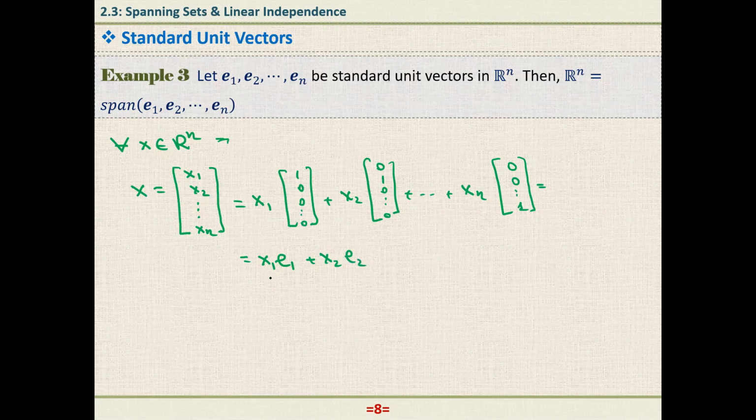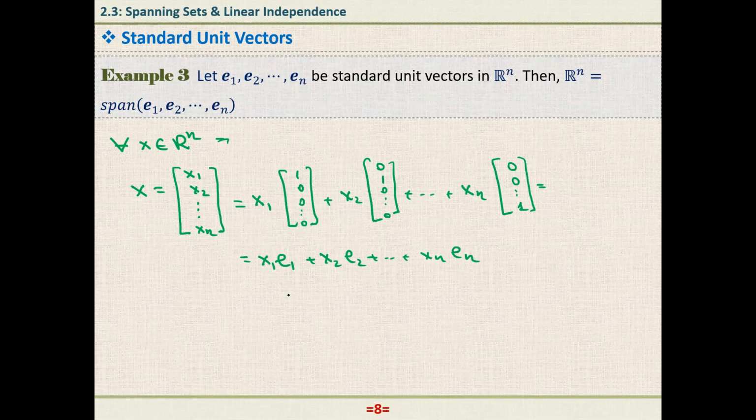Guys, again, don't get confused. This x1, x2, these are scalars. And E1, E2 are these vectors. If I try to write in boldface, it's getting a bit messy. That's why I'm trying just to write this in simple form. Plus, and here we have xn times En, right?